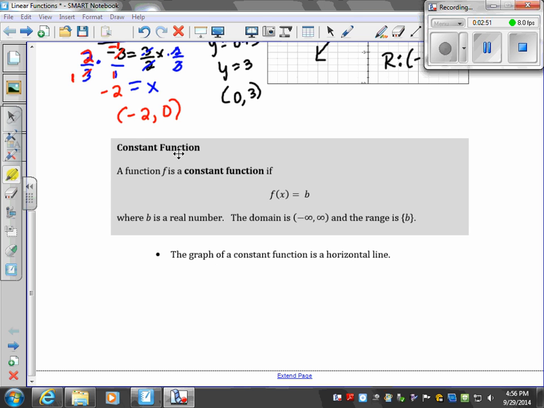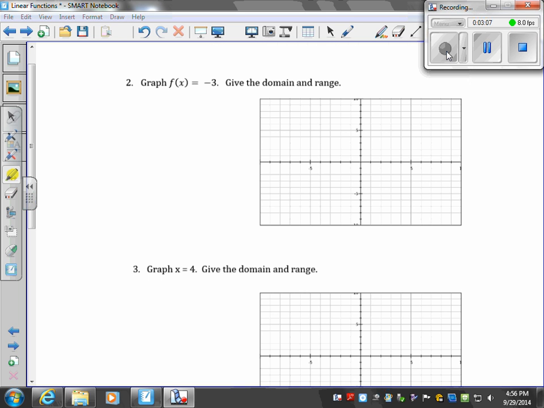The constant function, where f is constant, is f of x equals b. The domain is negative infinity to positive infinity, and the range is b. So the graph of a constant function is a horizontal line. And we look specifically at these particular ones. So f of x equals negative 3. That's going to be a horizontal line at negative 3.